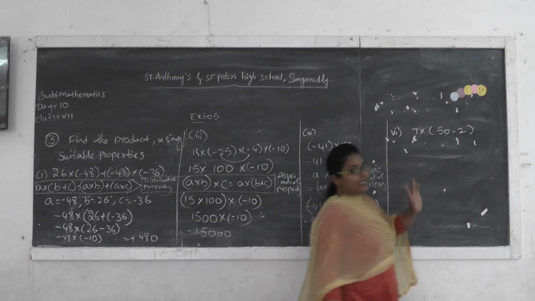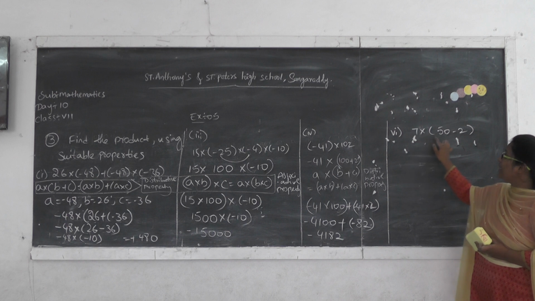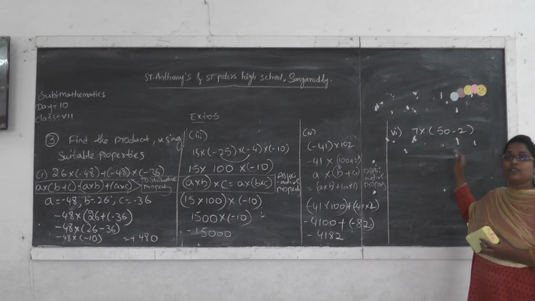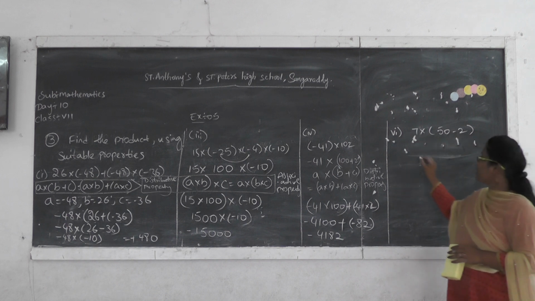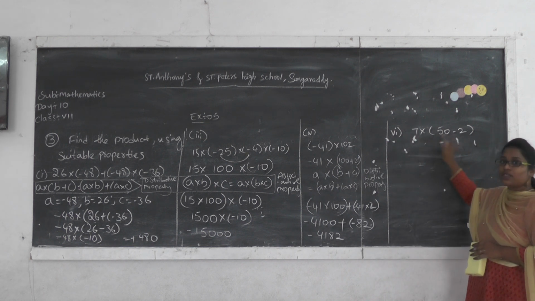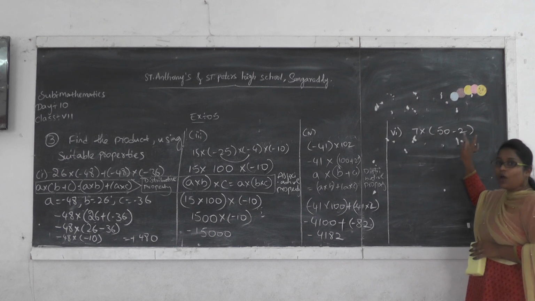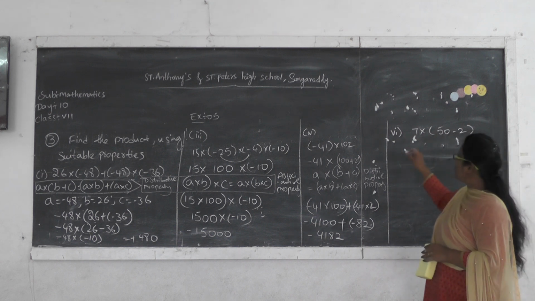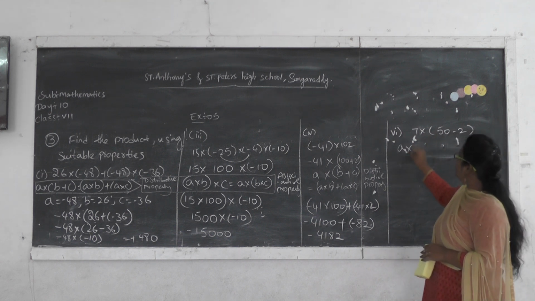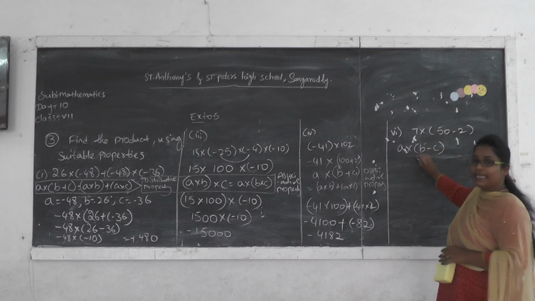Now next, coming to 7 into 50 minus 2, it is nothing but the distributive property over subtraction. How can we identify multiplication over subtraction here? This is an operation, this is not a negative sign. Which form is it? A into B minus C, in LHS format.